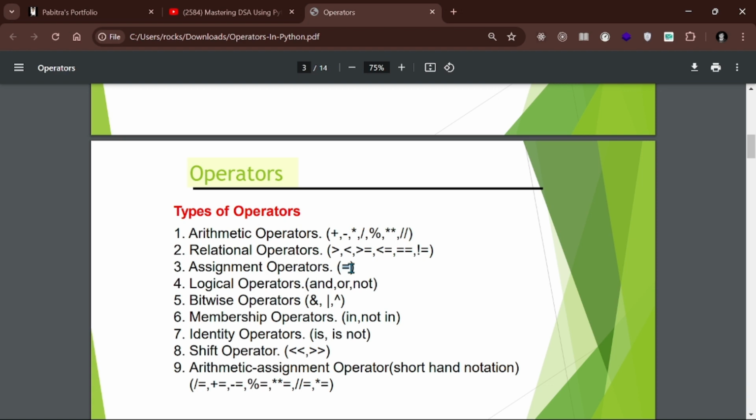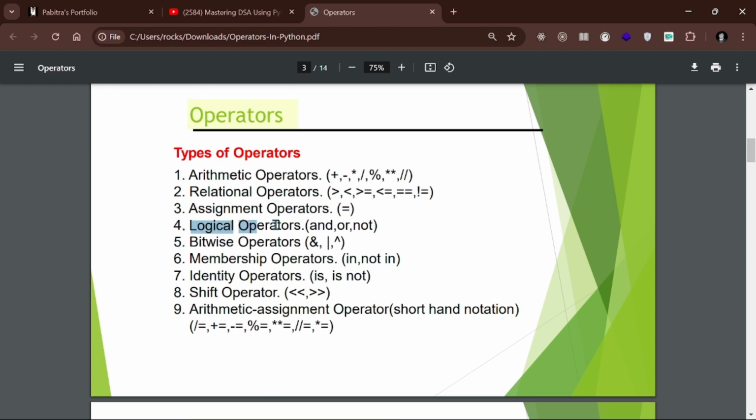Now we have these logical operators. Think of these as the connectors of our code: and, or, and not. They help us combine conditions and make our code more dynamic and responsive to different scenarios as well. Now we have bitwise operators. Now we are getting into some advanced territory of operators in Python.